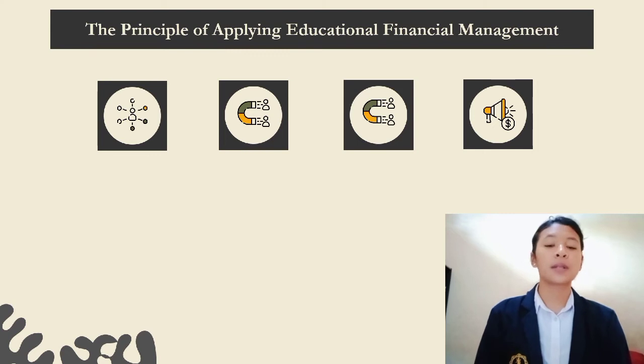The next material is about the principles of applying educational financial management. The first is transparency. Transparency means that everything about finance in education should be transparent, and every member of the education community should know about the financial management.